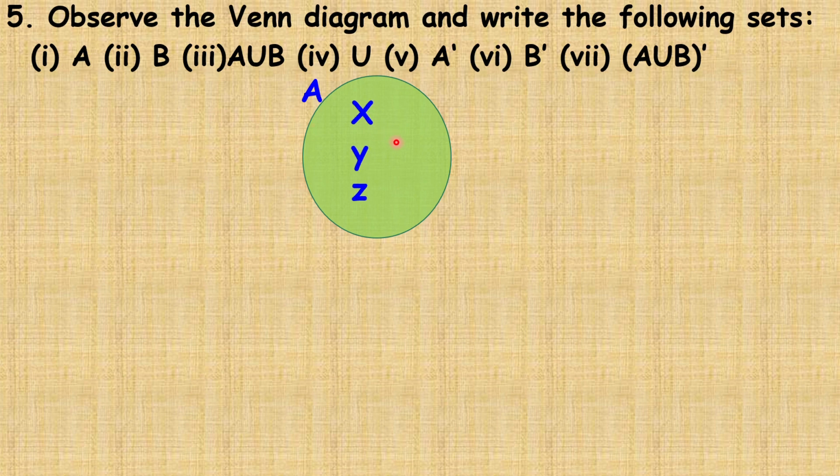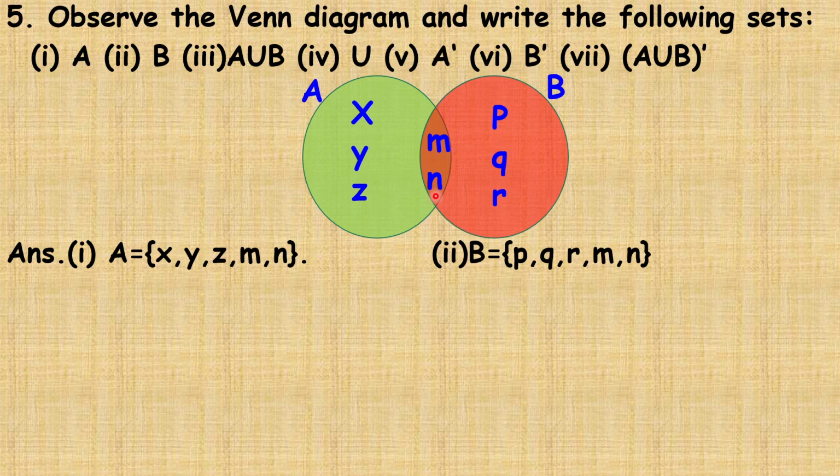Set A has the elements X, Y, Z. Set B has the elements P, Q, R. And A intersection B has the elements M and N. The first sub question is set A. We have to write the elements of set A. If we observe the Venn diagram, the elements of set A are X, Y, Z, M, N. Therefore, the answer is set A is equal to X, Y, Z, M, N.